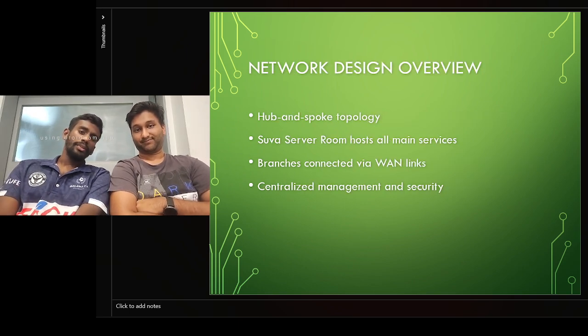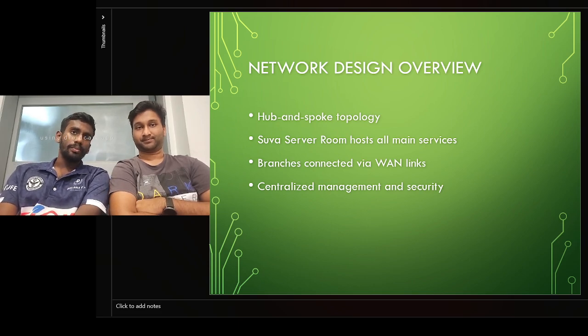Moving on to the network design overview, we opted for a hub and spoke topology. Basically, the different branches are in their own locations and operate on their own, but they are centrally connected using a server room, which is situated with the Suva supermarket here in Suva.